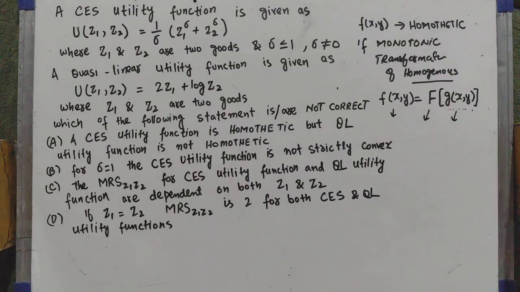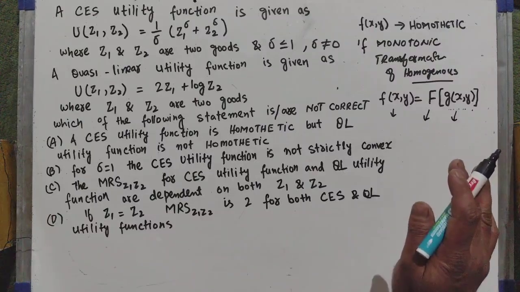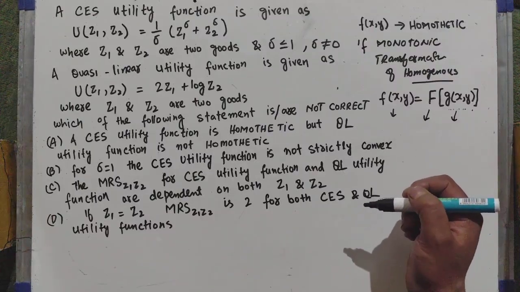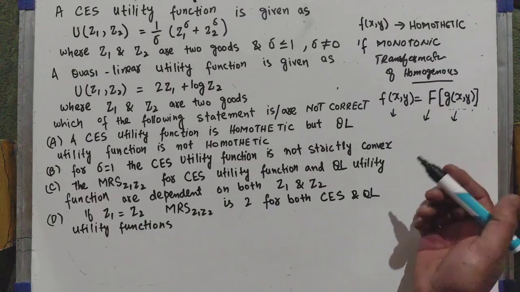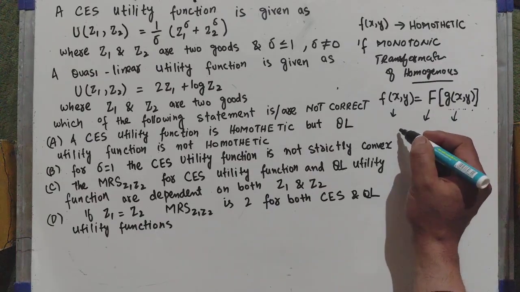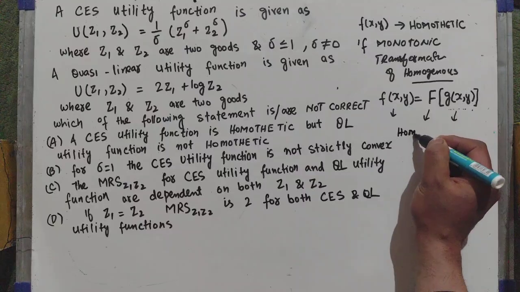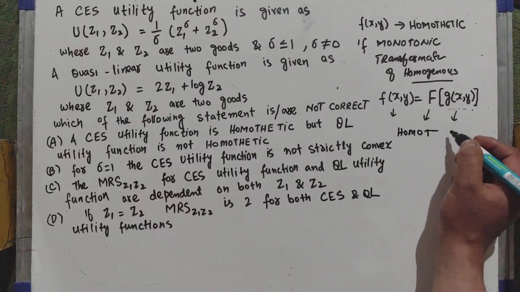Okay, so I can explain only this here. A property of homothetic functions is that every homogeneous function is homothetic.